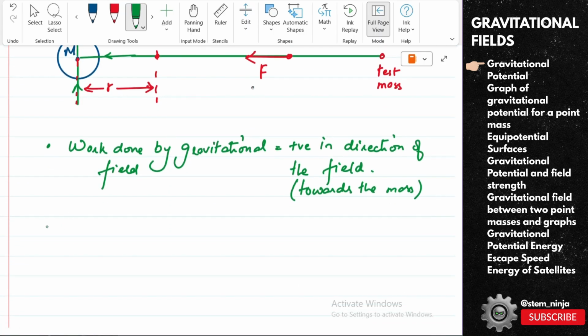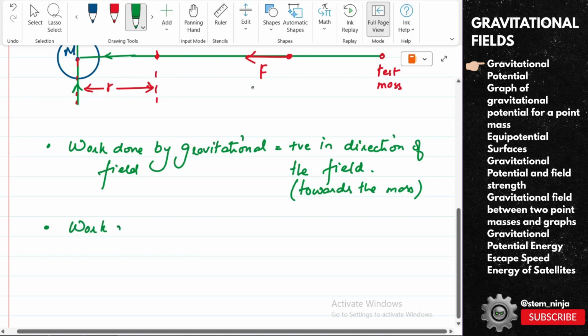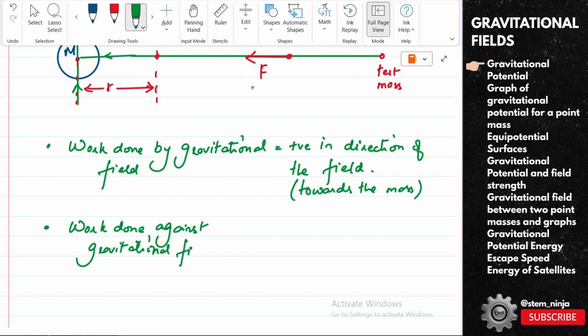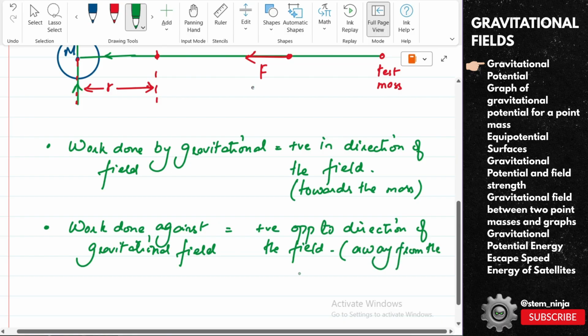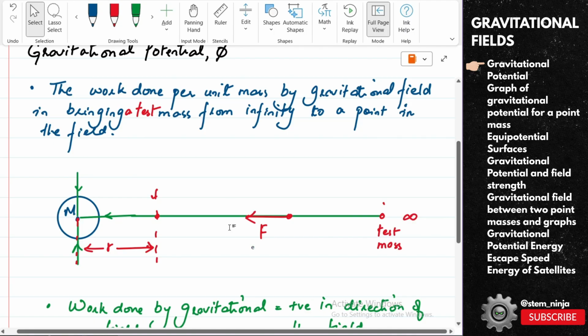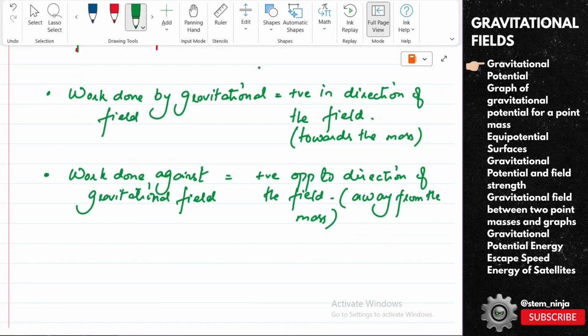But work done against the gravitational field is positive opposite to the direction of the field, meaning away from the mass. This difference you have to remember. So when we say work done by the gravitational field or gravitational force in bringing a test mass from infinity to that point in that field, we're talking about this particular scenario.